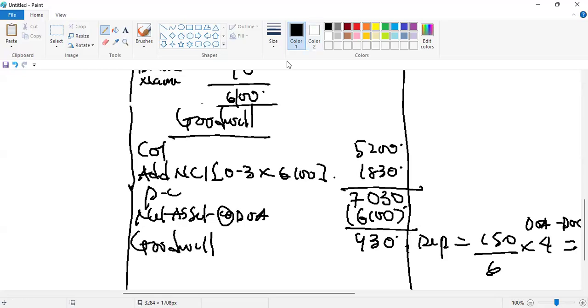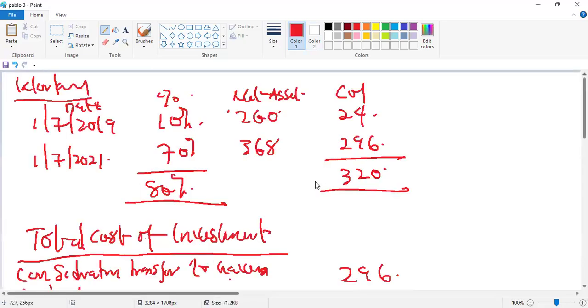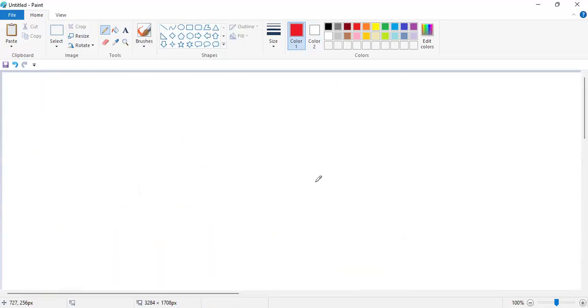So we can now calculate unrealized profit on inventory. Who is the seller? Parent is the seller.